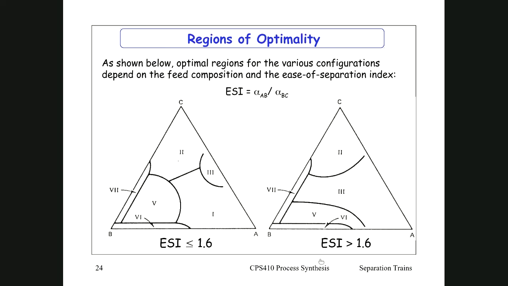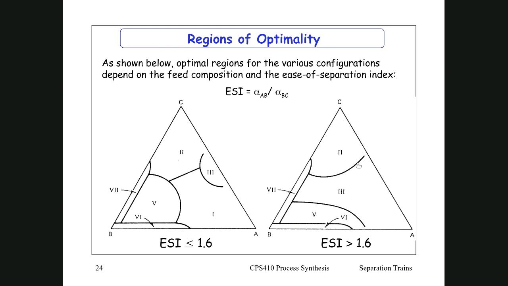Right. So now, if we look at an ESI of greater than 1.6, you'll see that we don't even have the possibility of using the direct sequence. So the type 1 has disappeared totally from this map, and type 3 has increased.